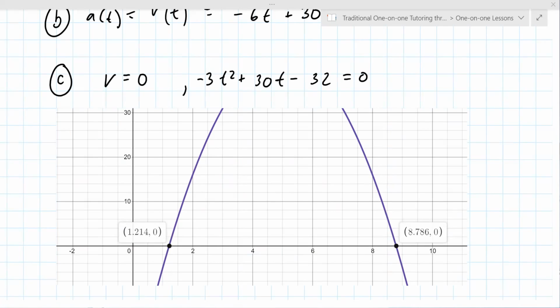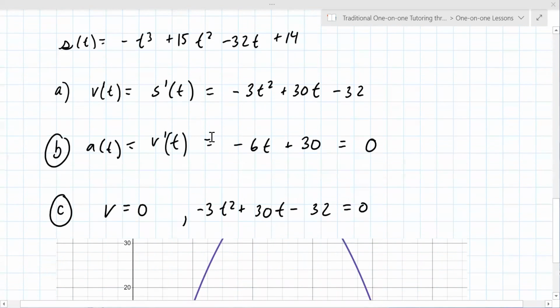No. You have 3t squared though. You see how that changes this? Yes, the negative does change that quite a bit. Would that make sense if it was positive? No, that's the right value. Okay.